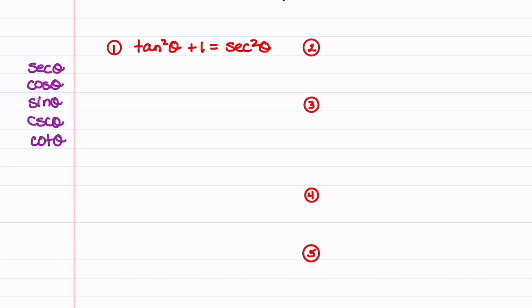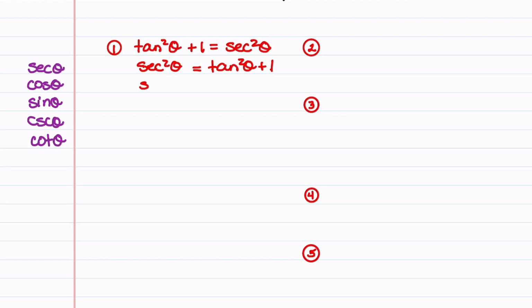We'll bring secant squared theta to the left and write this as secant squared theta is equal to tangent squared theta plus 1. I always tell students to write down the formula that you have memorized first in the way that you have it memorized, and then change it after that.